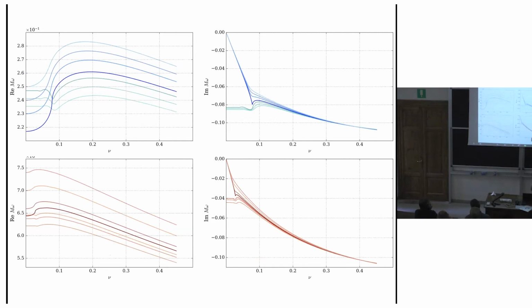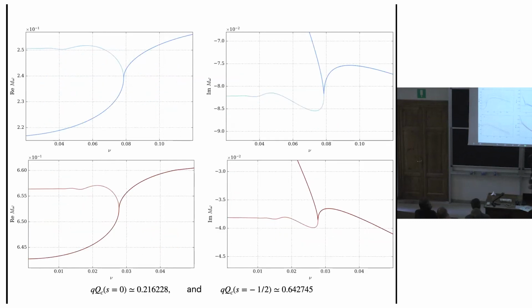This is spin half, the blue part is spin 0, and you show that if Q is larger than a critical value, so this is 0.1, then the imaginary part goes to 0 at the extremal limit, and it goes abruptly to a value which is not 0 for Q smaller than that, and it's a slightly larger value for spinorial fields.